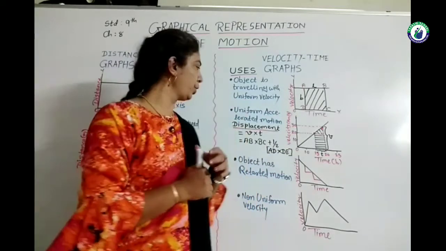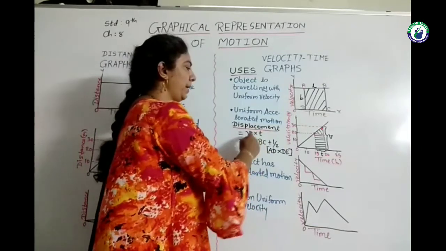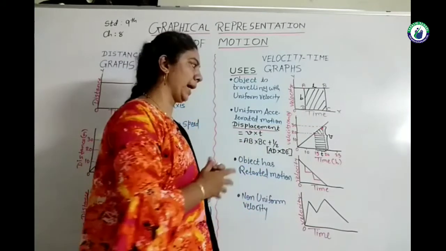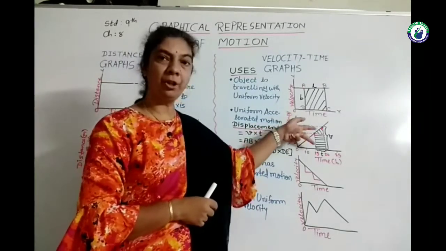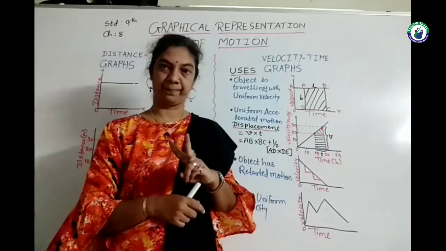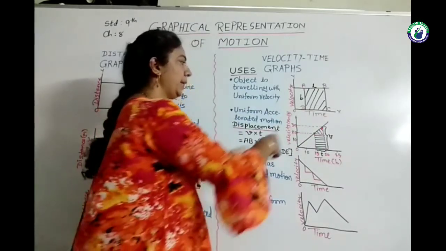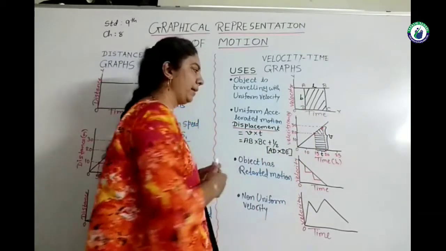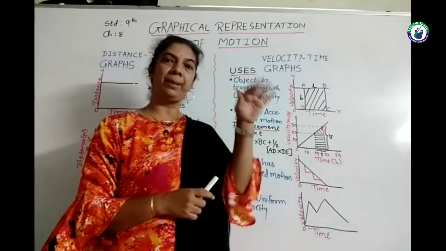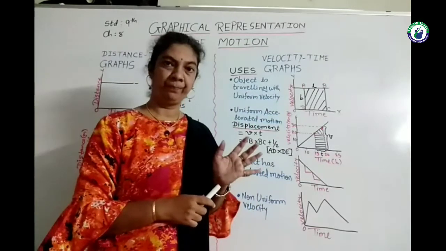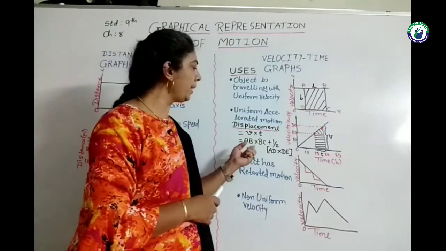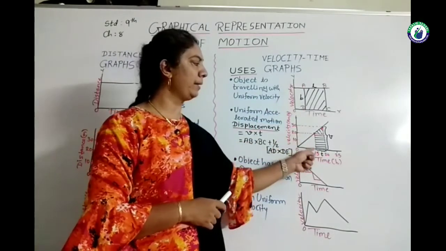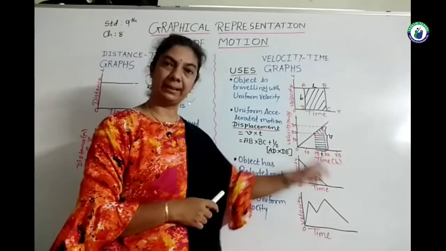But if I solve that displacement equals velocity into time as the addition of these two shapes, then I can write the area of the rectangle as length into breadth. We can give the names A, B, C, D, E, F also. So I can write AB into BC, that is length into breadth of this rectangle.